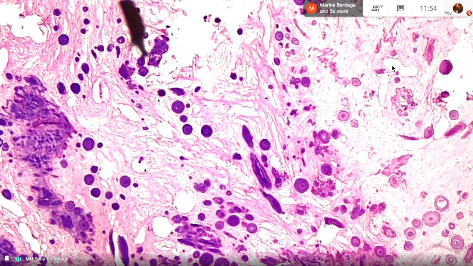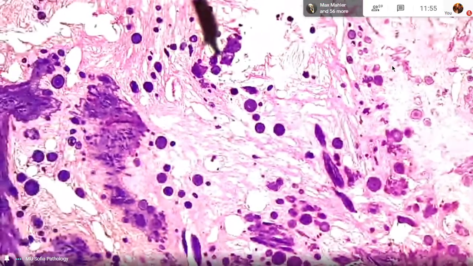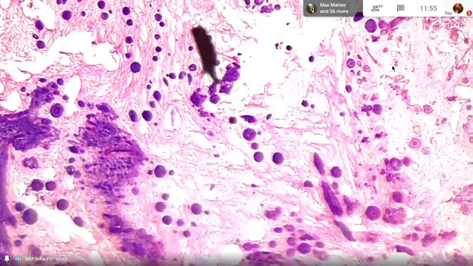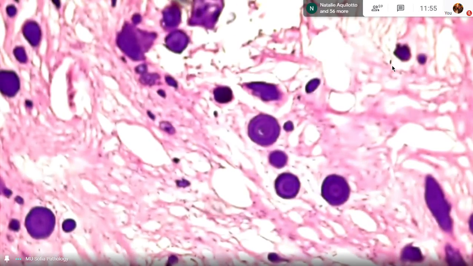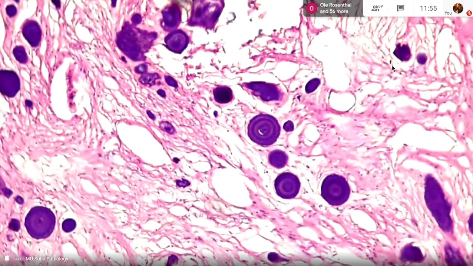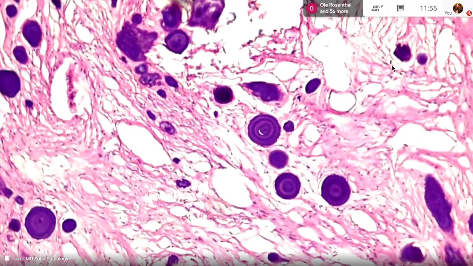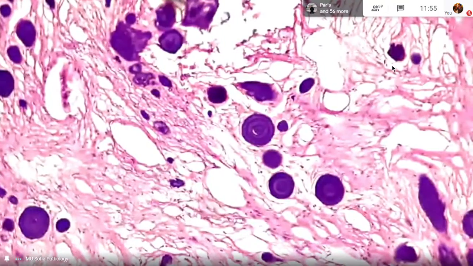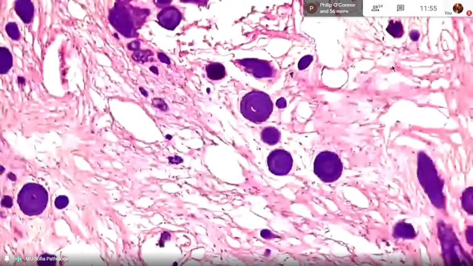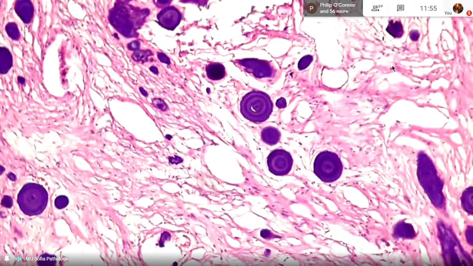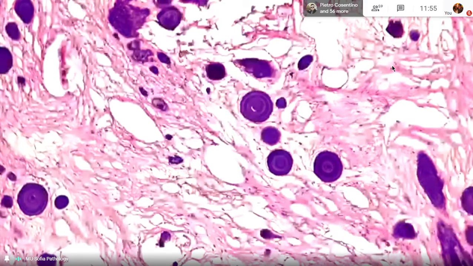Do you see how many psammoma bodies you have? These violet things are the calcium. They are whorl structures. Just a minute to focus. Do you see how beautiful they are? This is the psammoma type of meningioma. So you can find just a few meningeal cells between this calcium deposition.